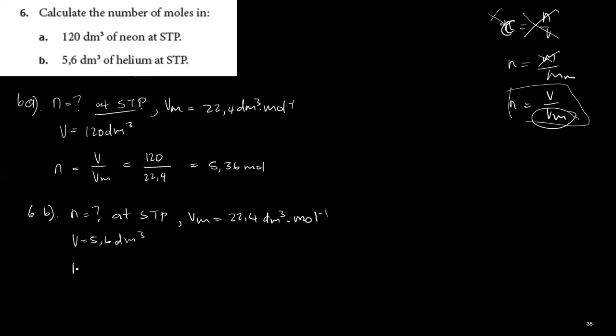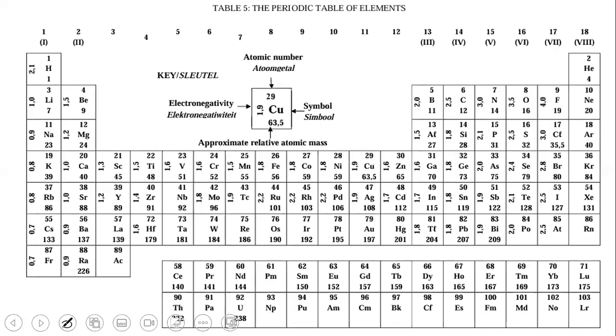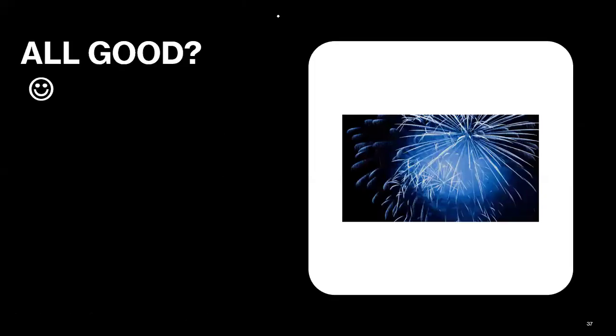So we use the formula n equals volume divided by the molar volume. That is 5.6 divided by 22.4, and on our calculator we get 0.25 moles. This is the number of moles for helium at STP, and then we are done. All good. Do you understand how I went about it?